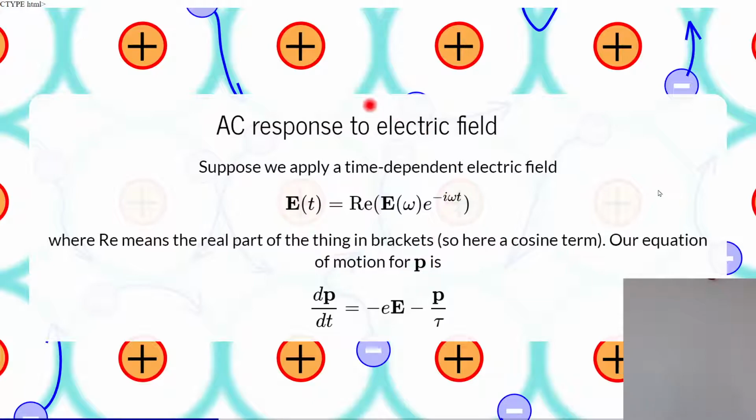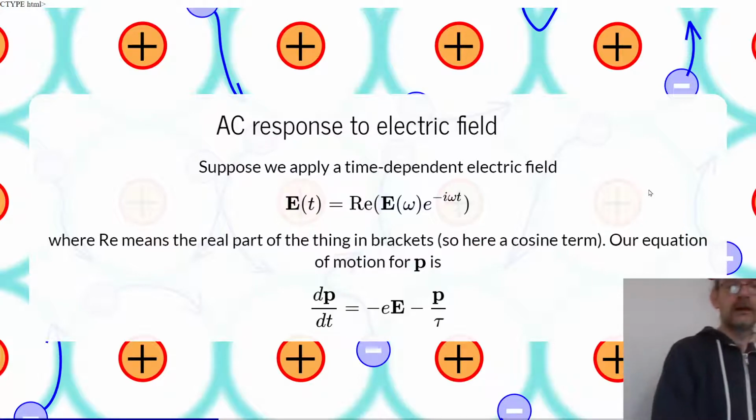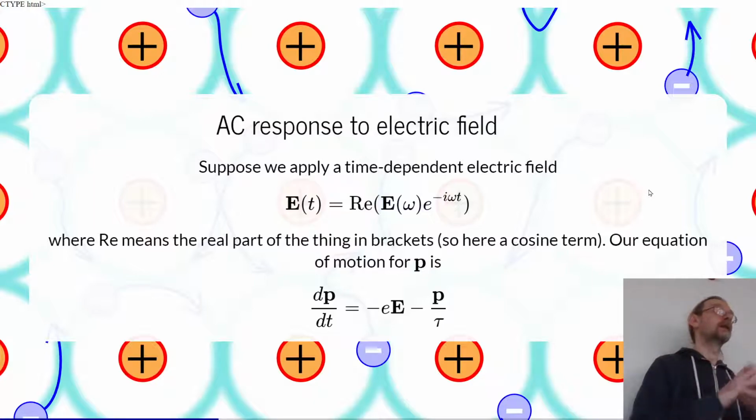But you can extend this model not just if you apply a stationary electric field, but if you include a time-varying electric field, you can follow through the consequences on the current, on the response of the metal.